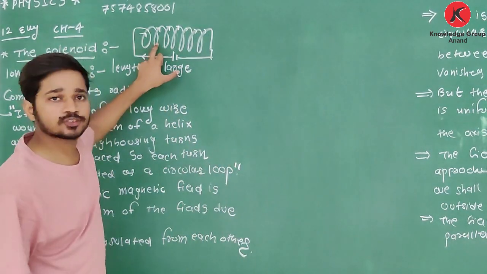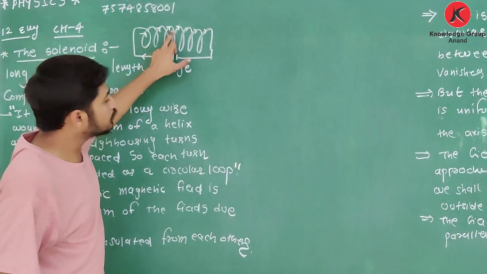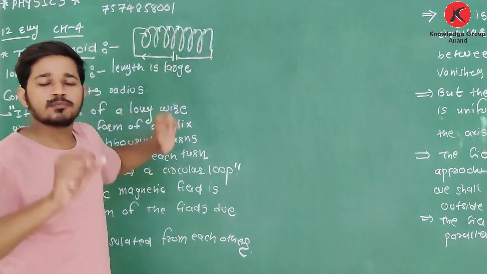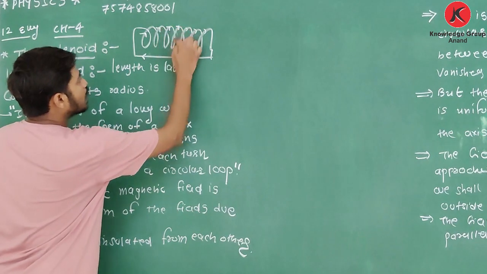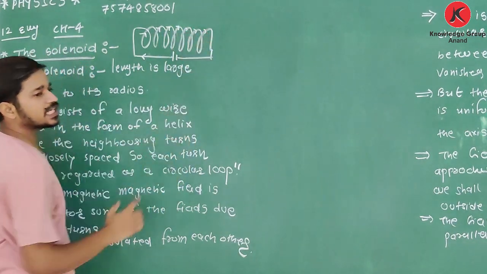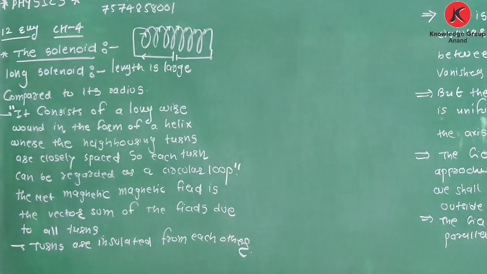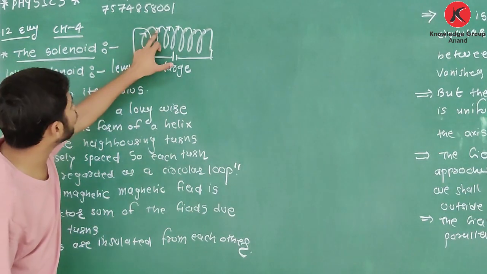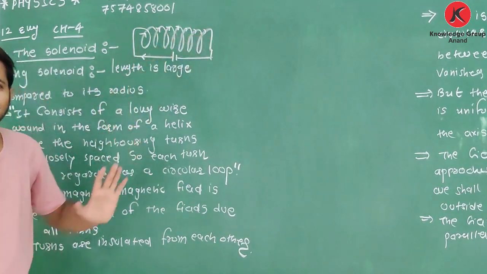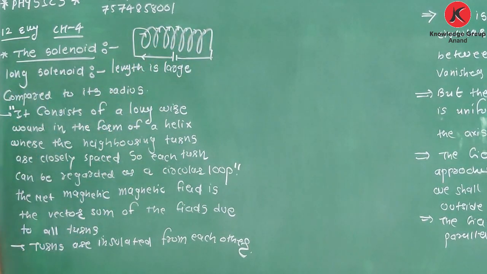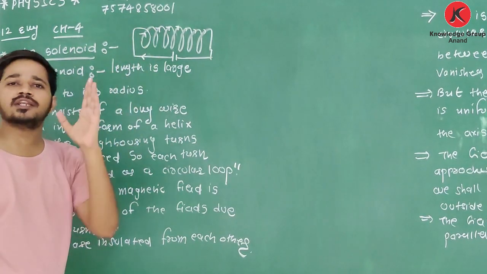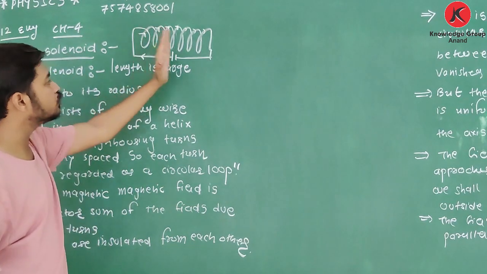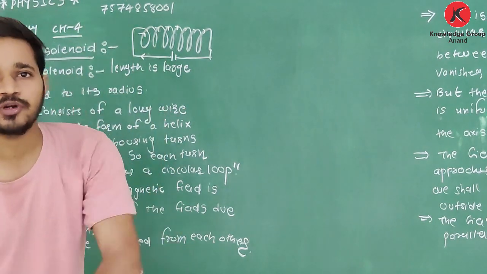Due to each and every turn, current is flowing in the same direction, so a magnetic field is produced by each turn. So we can say that due to the solenoid, a magnetic field is produced.